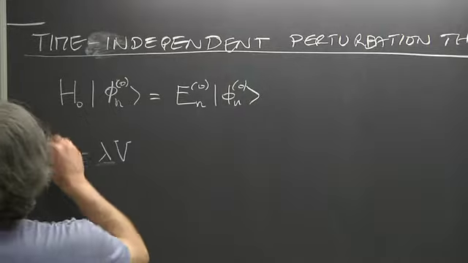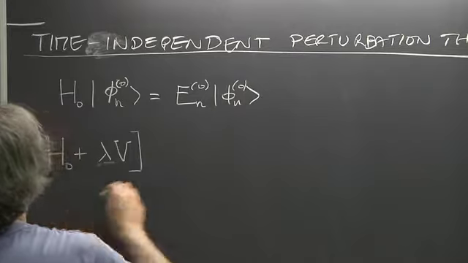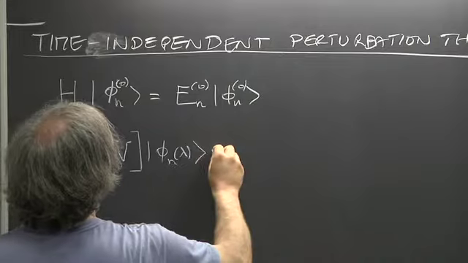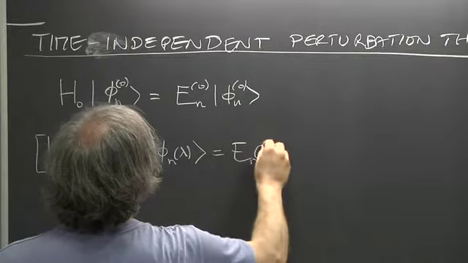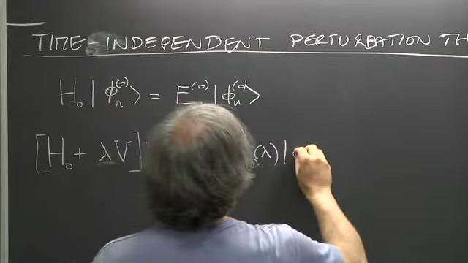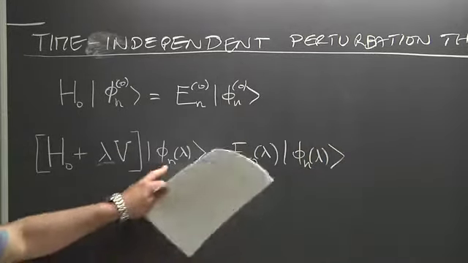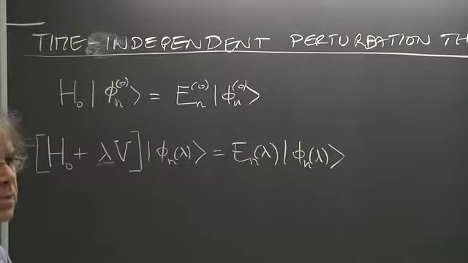So I want to find the solutions, the eigenstates of this problem. So new states phi n of lambda, with some energies E n of lambda, which in general depend on lambda. Notice I keep using n as a label. Once again, in the hydrogen atom, it would be more than 1 index, and in general, it's a label. But it's useful just to keep it general in this way.